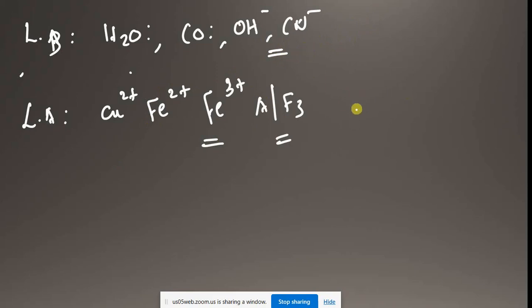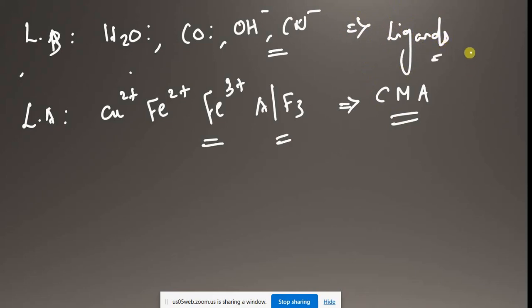So Lewis acids are usually the central metal atom, which accepts a pair of electrons. Lewis bases are usually the ligands in the case of a coordination compound. So put together, we call it a coordination compound.